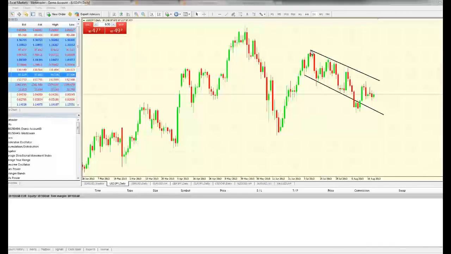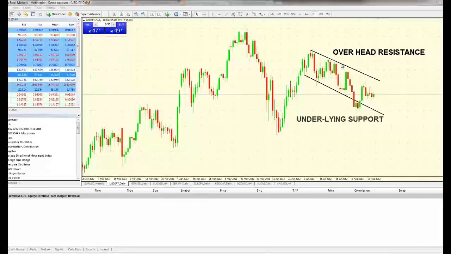The top trend line is formed by joining the subsequent highs of the peaks of this series of peaks and troughs, while the bottom trend line is formed by joining the subsequent lows of this series. The top trend line acts as the overhead resistance, while the bottom trend line acts as the underlying support.